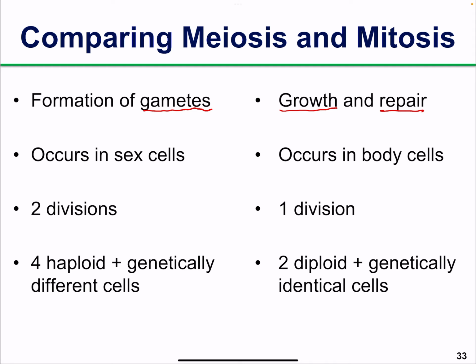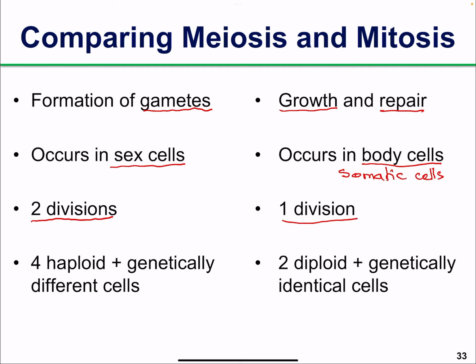Meiosis occurs in sex cells, while mitosis occurs in body cells, also called somatic cells. Meiosis is two consecutive divisions, while mitosis is one division.